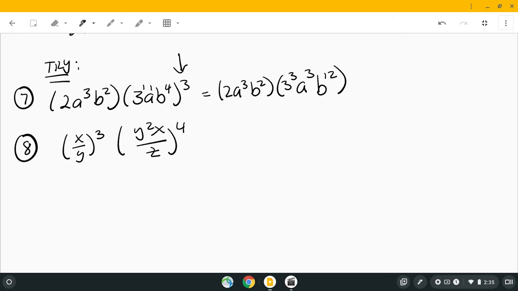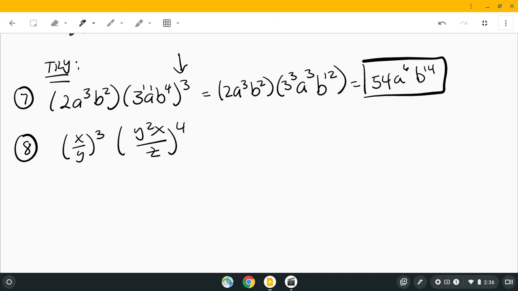Okay, so here 3 to the third power is 27, and 27 times 2 is 54. So that takes care of the 2 and the 3 cubed. And then I have a to the third power, a to the third power, a to the third power. That's multiplication, so I'm going to add those exponents and get a to the sixth. And then over here, this is also multiplication, so I'm going to add the exponents and I'm going to get b to the 14th.